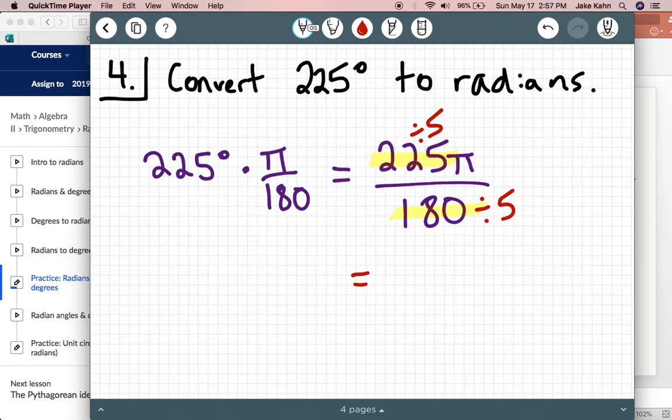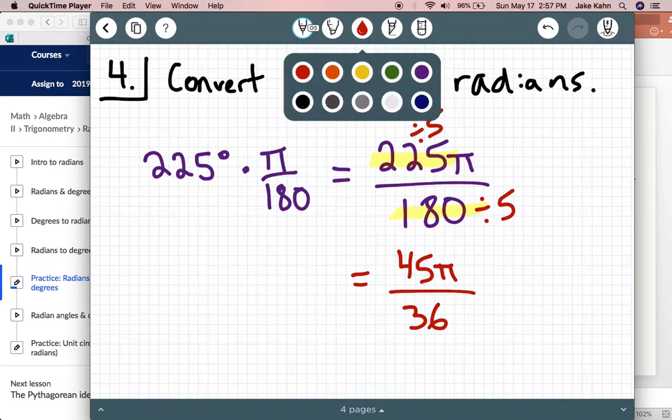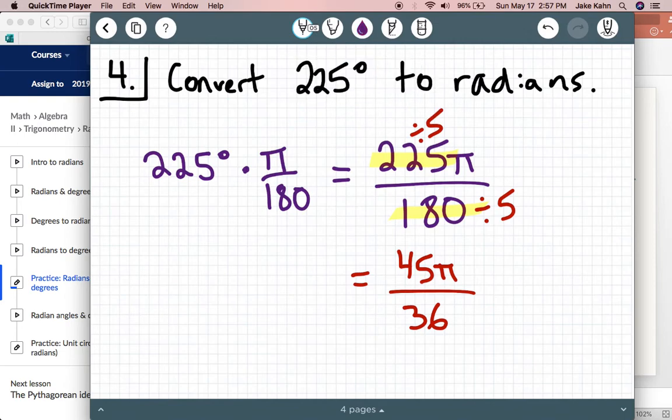225 divided by 5 is 45. So 45 pi over 180 divided by 5 is 36. Cool. Can we simplify this more? 45 and 36, are there any common factors for those two numbers? And the answer is yes, right? What number goes into both 45 and 36?